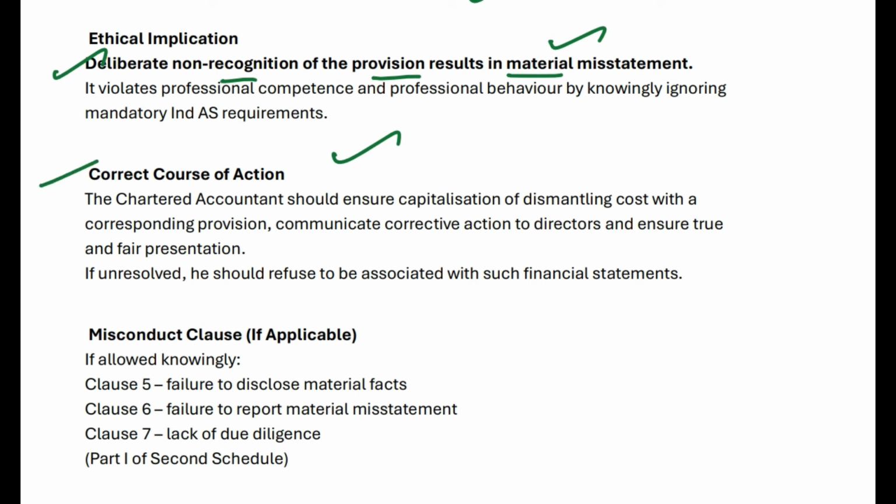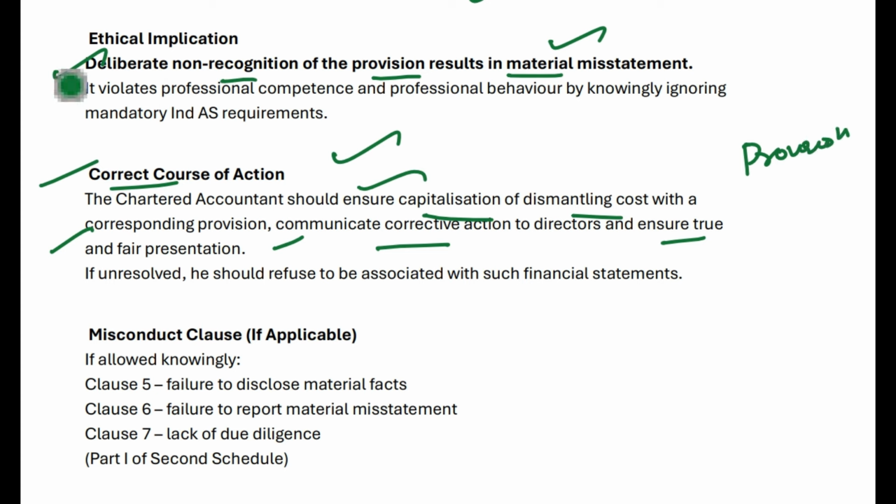Now, what is the correct course of action? So as a chartered accountant, we have to ensure the capitalization of dismantling cost with the corresponding provision, and you have to communicate the corrective action to the directors and ensure true and fair presentation. See, what we have to do, we have to create a provision.